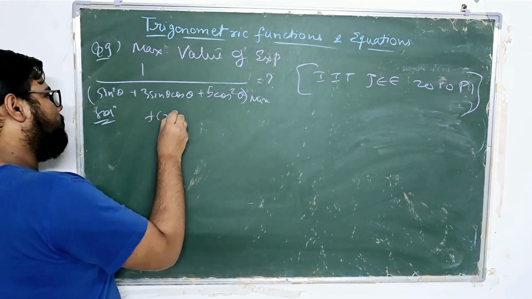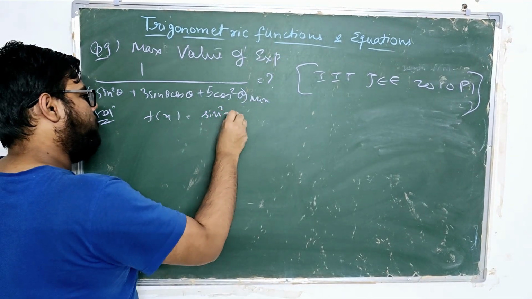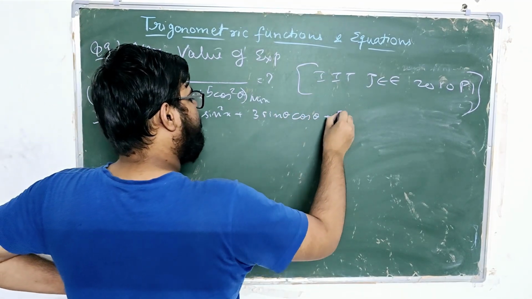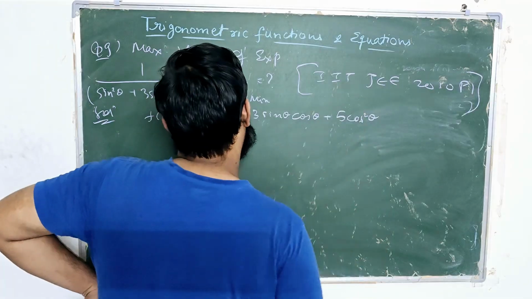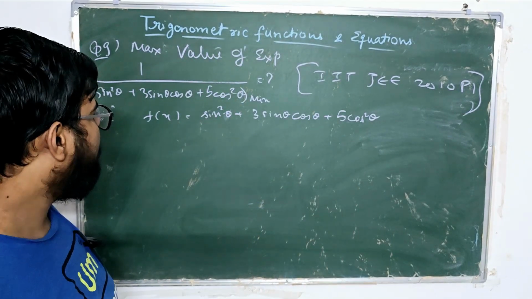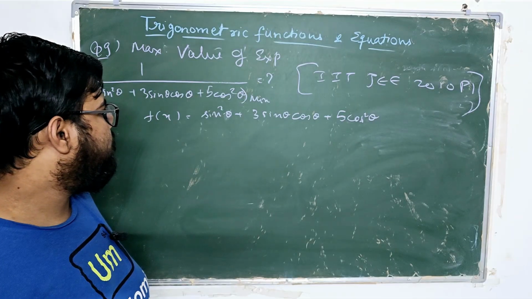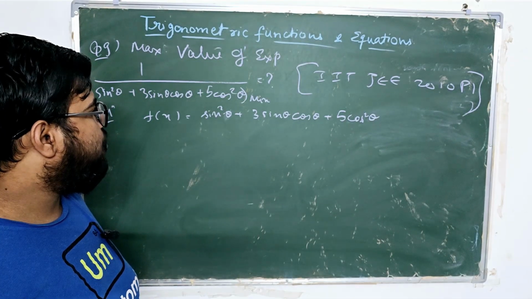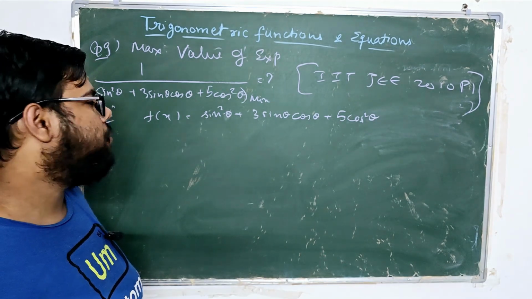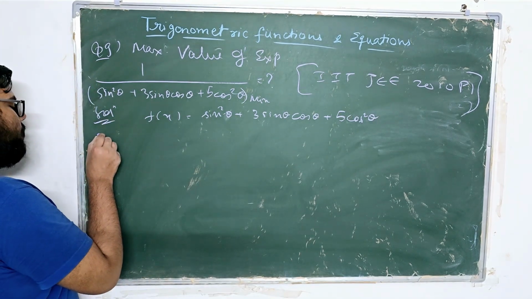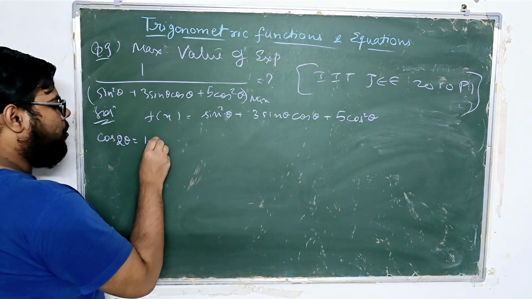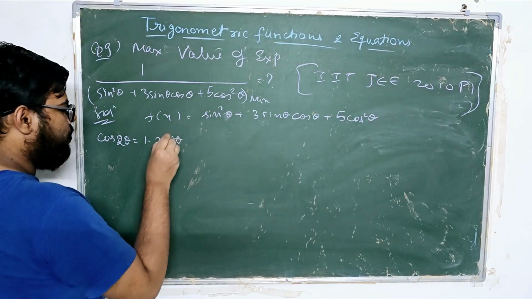So we have the function sine square theta plus 5 cos square theta, right? Now let's convert it into double angle. How? We know that cos 2 theta is 1 minus 2 sine square theta.